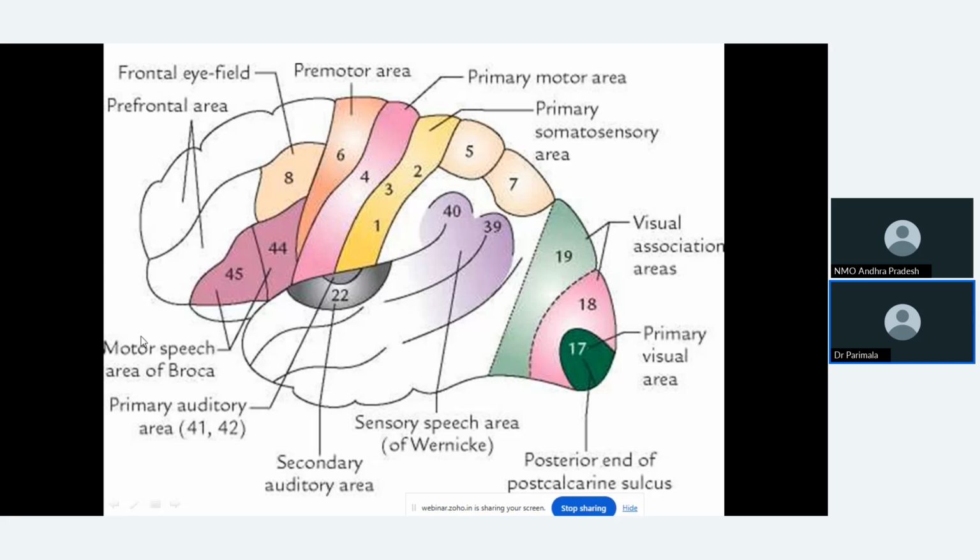Motor speech area or Broca's area is present here. This is concerned with production of speech, which is a motor activity. 45 and 44 is called Broca's area or motor speech area. So these are the motor areas. How many motor areas are there? 4, 6, 8, 45 and 44.